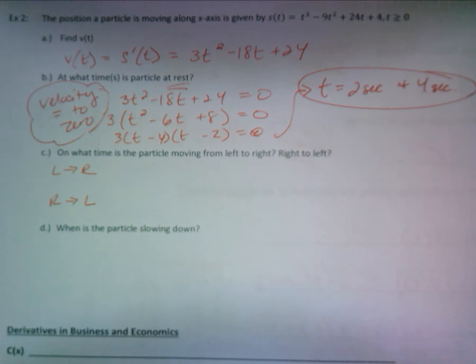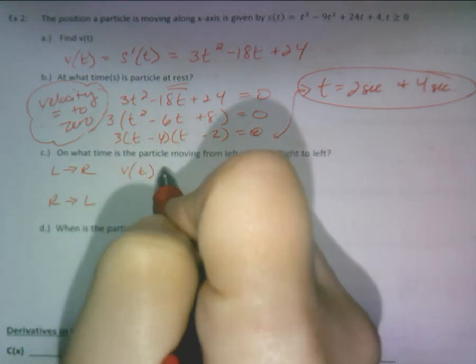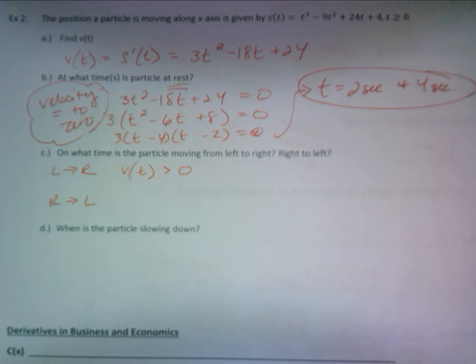What do you think would happen to my velocity along the x-axis if I'm moving left to right? Would I increase or would I decrease? When I increase, my velocity would be greater than 0.